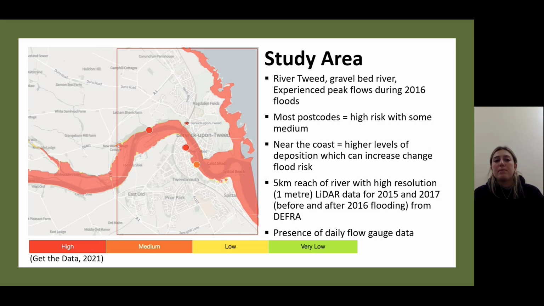This was actually a limitation at the beginning of the project because it was hard to find data which was close enough in time so that the impact of a flood could be investigated, because some LiDAR data only repeat the same coverage of the area every 10 years or so. And there was also the presence of daily flow gauge data, which also made the area of particular interest.